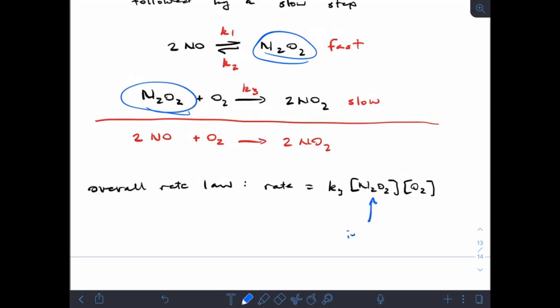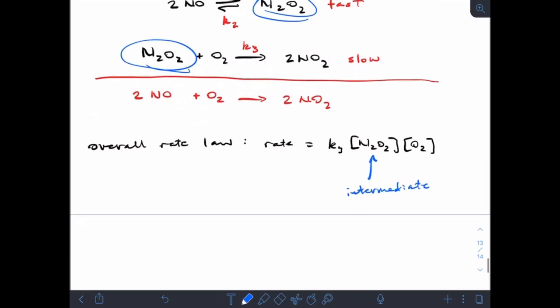So the N2O2 is an intermediate, and we can't have an intermediate in the overall rate law, because we don't start with the intermediate and we don't end with it. It doesn't give us anything useful to work with. Lucky for us, there's a way to get around that.